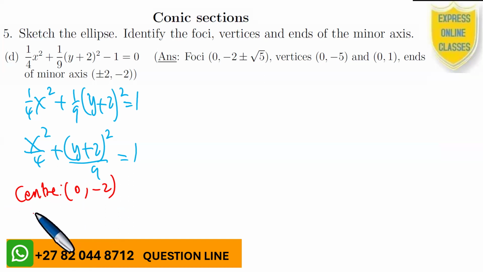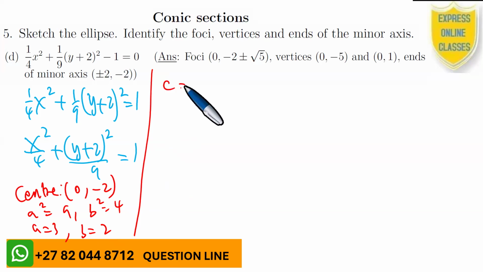Then you must get a squared, which is the biggest one, 9. b squared is the smallest, 4. a is 3, b is 2. Take the square root. After you got this, then you must get c. The biggest one, a squared minus the smallest, b squared.